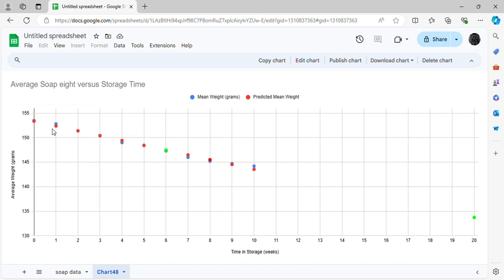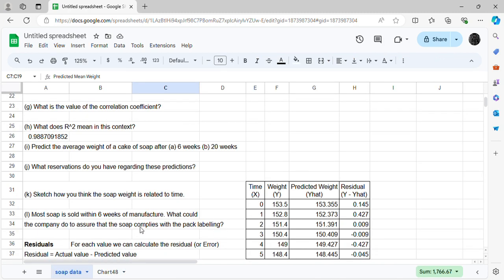So the manufacturer could sell within, say, 1 week. Where is 150? Yeah, so within 3 weeks. Within 3 weeks of manufacture of the soap, the manufacturer company needs to sell.